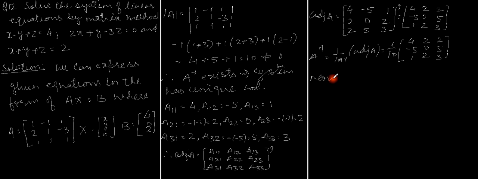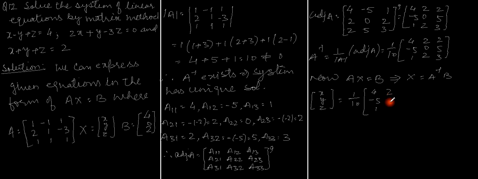Now, since we have written Ax is equal to B, by pre-multiplying by A inverse on both sides, it comes X is A inverse B. X is the matrix of the variables x, y, z, and A inverse is 1 upon 10 of 4, minus 5 and 1, 2, 0 and 2, 2, 5 and 3, into B. B here is 4, 0 and 2.